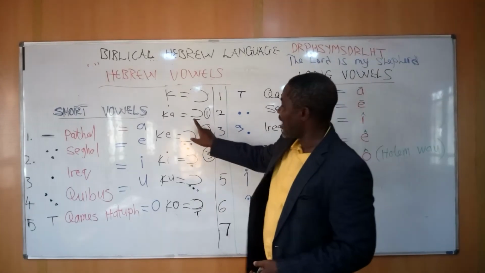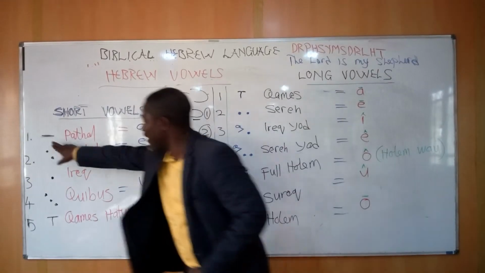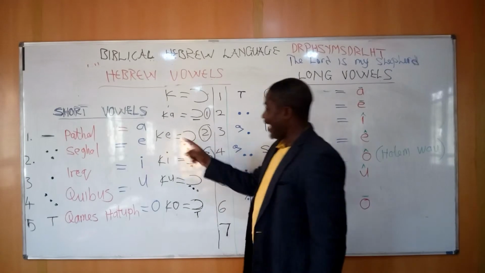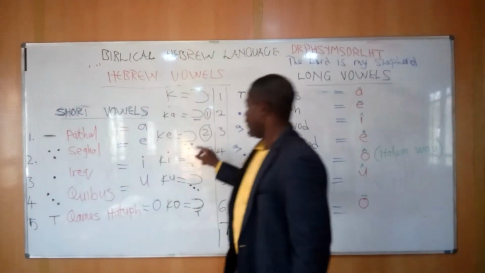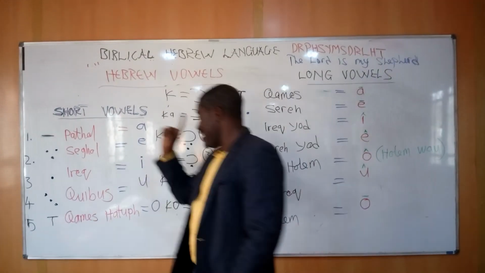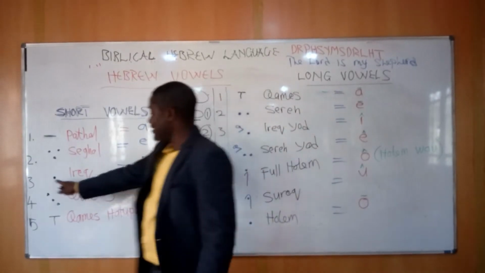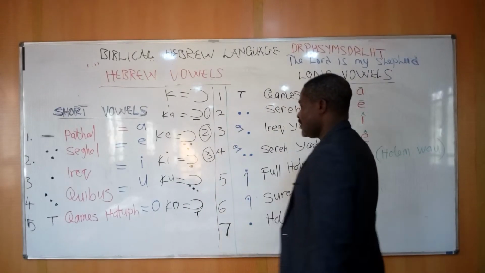This is the vowel pattern which stands for an A. Then you want to use tsere now, making ke. You have kaf, and the dots of the tsere stay under. Then you want to have ku.